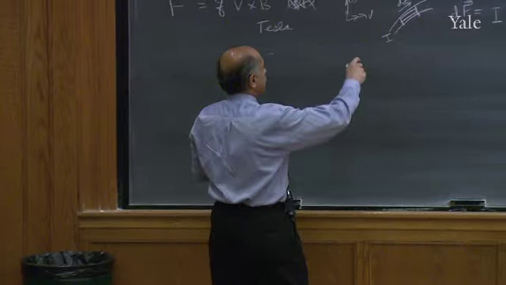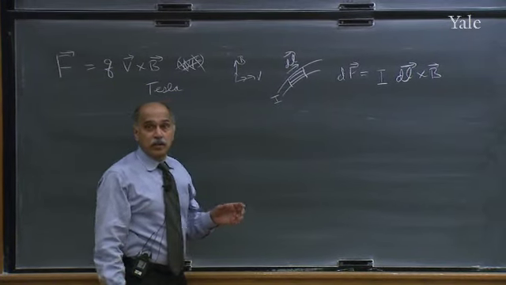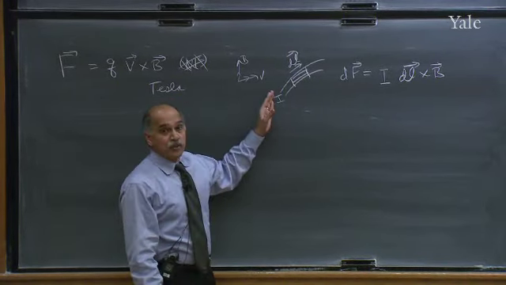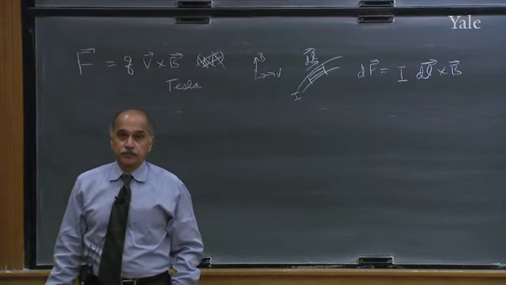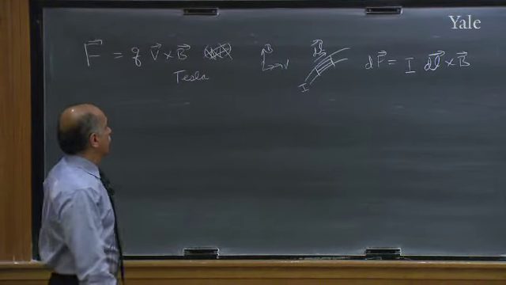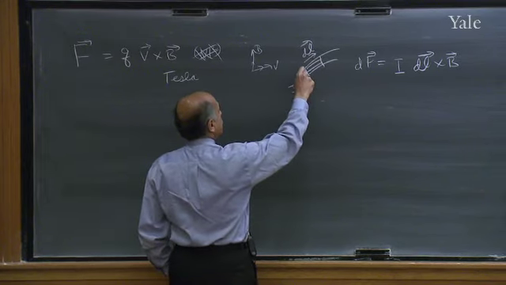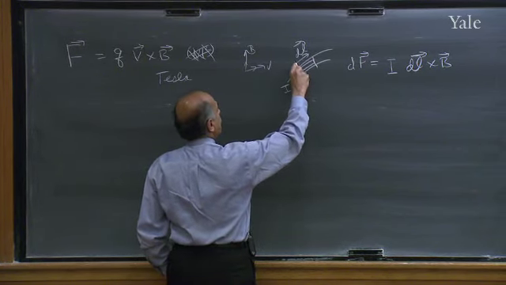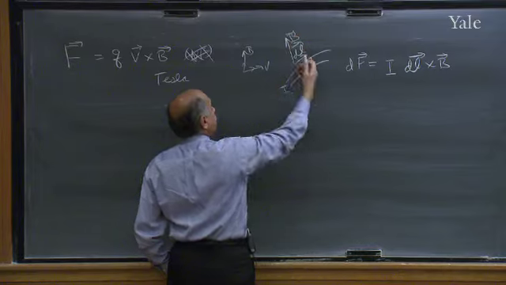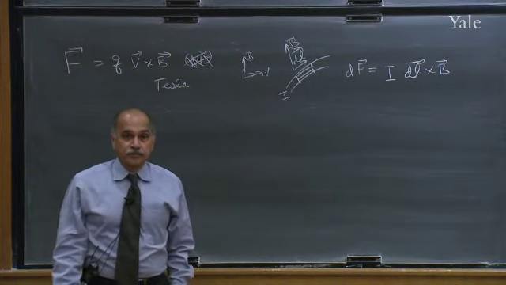So I'm taking a tiny section, dl, and in that tiny section, I'm computing the cross product. That's going to be the force. For example, if at this location the magnetic field points that way, then the force will be coming out of the board.